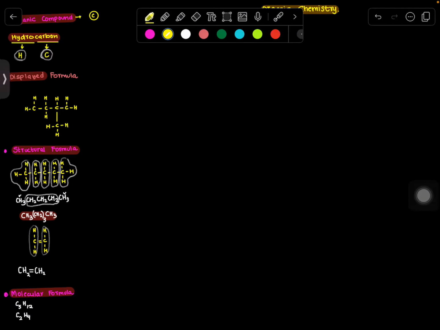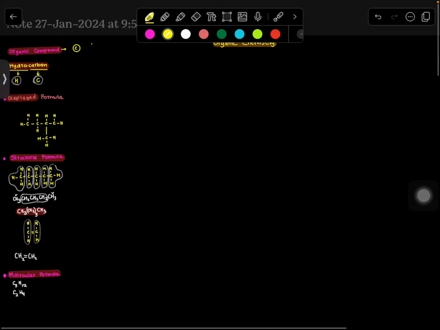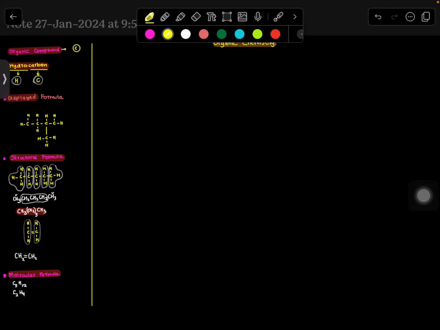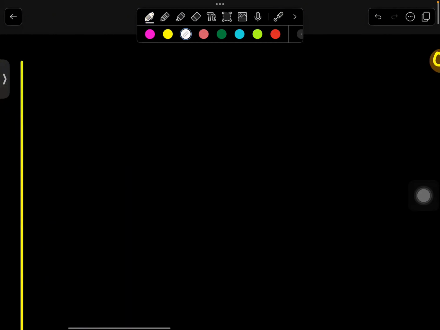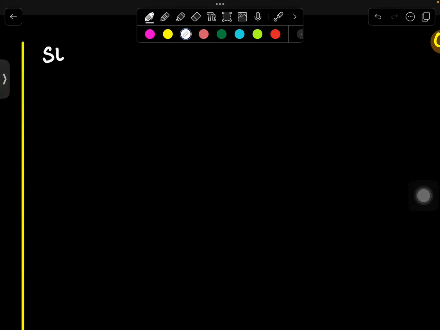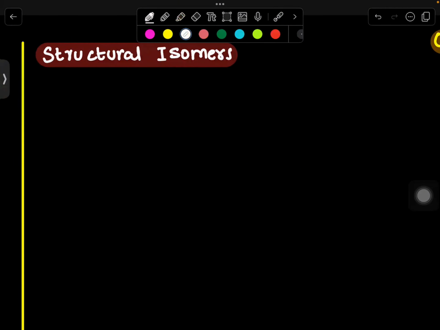Now let's briefly discuss the idea of structural isomers. Structural isomers are compounds that have the same molecular formula but different structural formula.